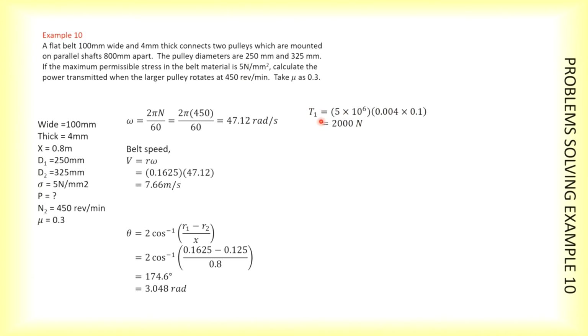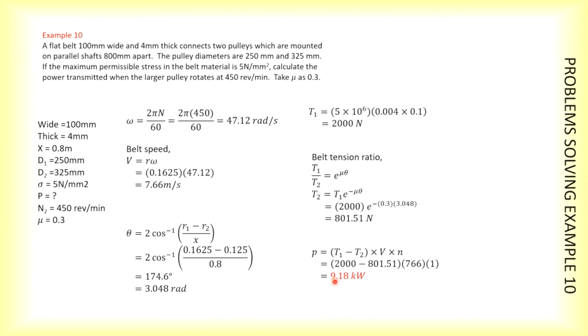So you'll be able to find the tight side tension of 2000 Newton. Once you have found T1, you can go for T2. Based on belt tension ratio, that's your T2, 801.51 Newton. Then you can find your power transmission, 9.18 kilowatt.